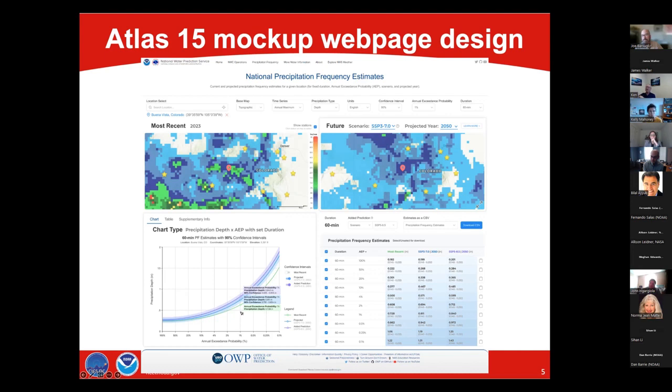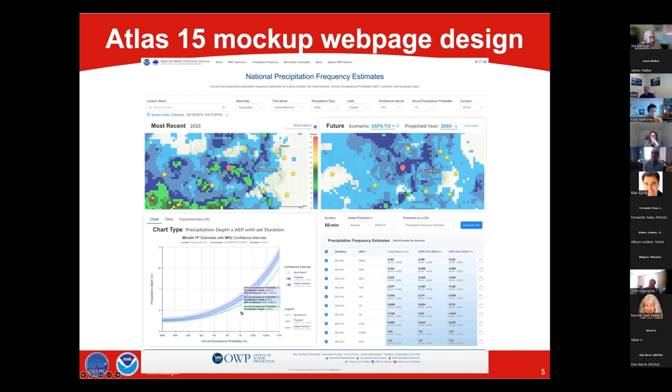And it actually could feed back into an update of NOAA Atlas 15, where we get new model data sets and use the same analysis techniques. And let's say for NCA 6, I don't know that we're going to have CMIP 7 stuff available yet, just because of the timing.